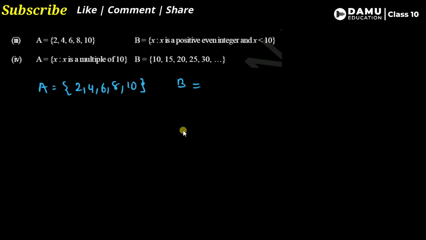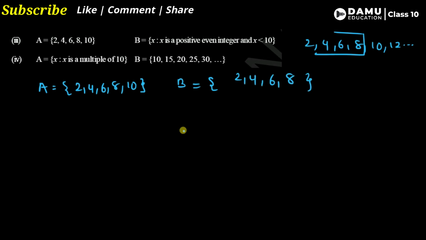So if X is a positive even number, the positive even integers are 2, 4, 6, 8, 10, 12 like that. 0 is not positive, not negative. So less than 10 means we have to take 2, 4, 6, 8. These elements only.